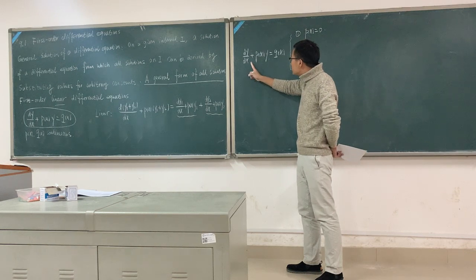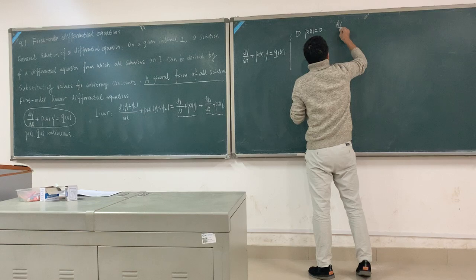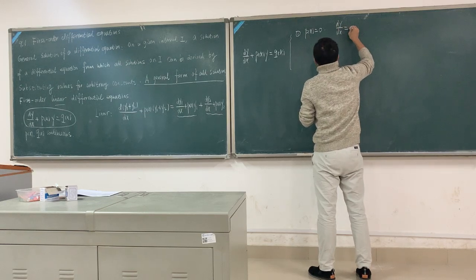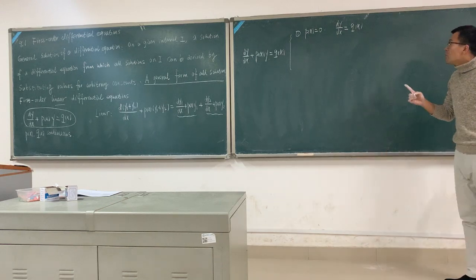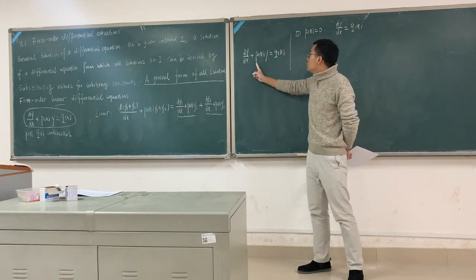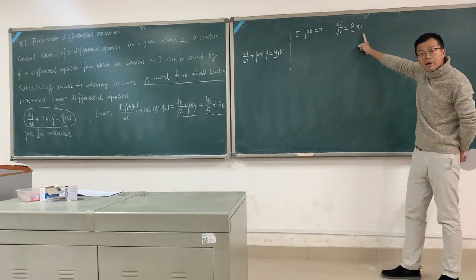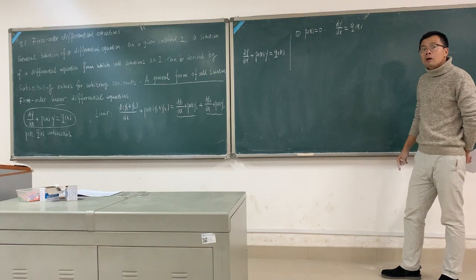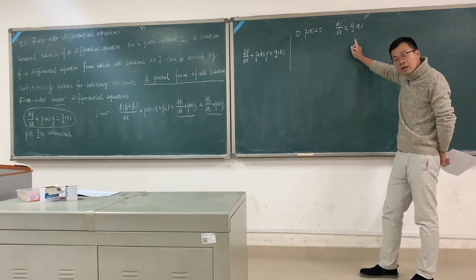So when p(x) equals 0, this equation actually is dy/dx equal to q(x). Now, what's the solution of this equation?